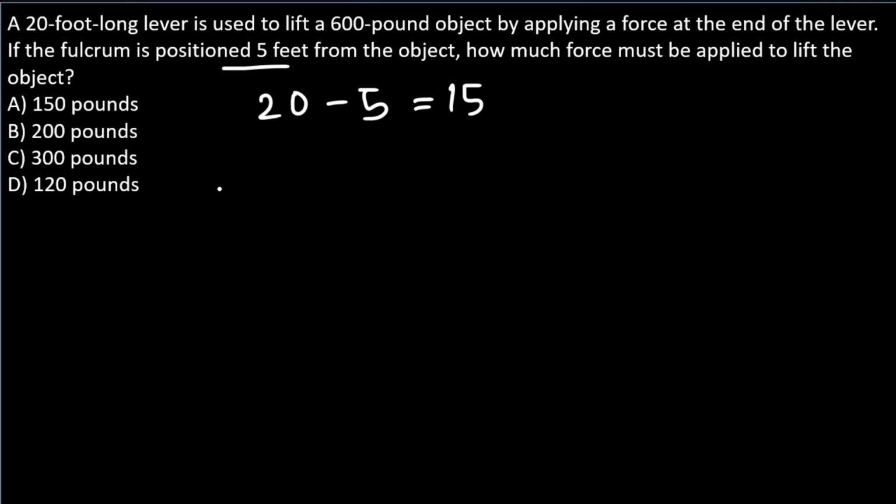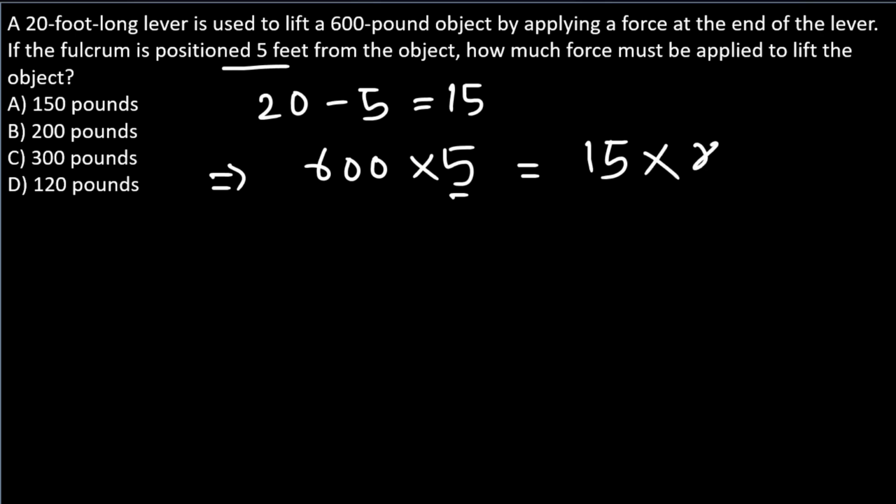So now we need to set up the condition. So it's 600 pounds for the object, our weight load, times the lever length for the load, which will be 5 feet, and here the lever length is 15 times x, or Fx.